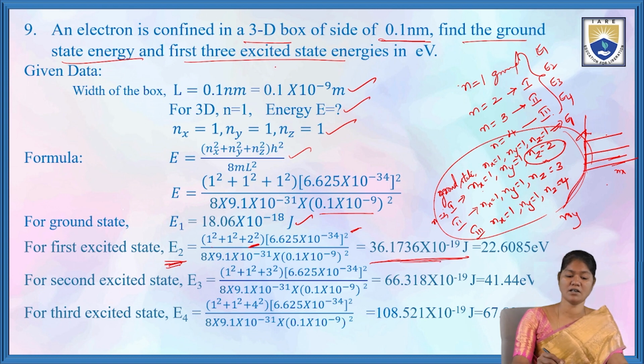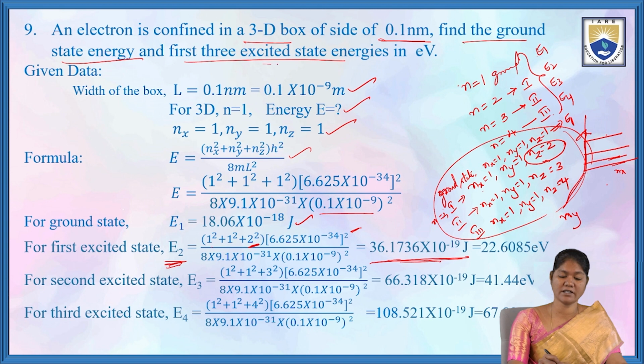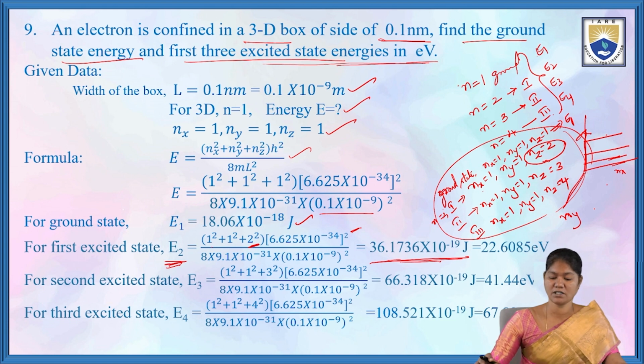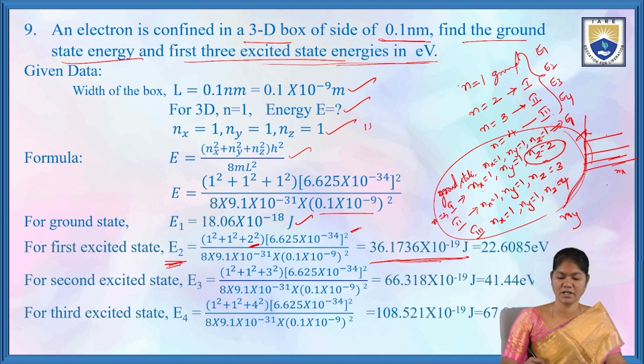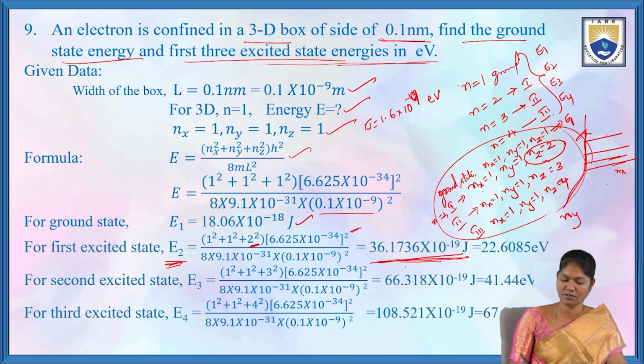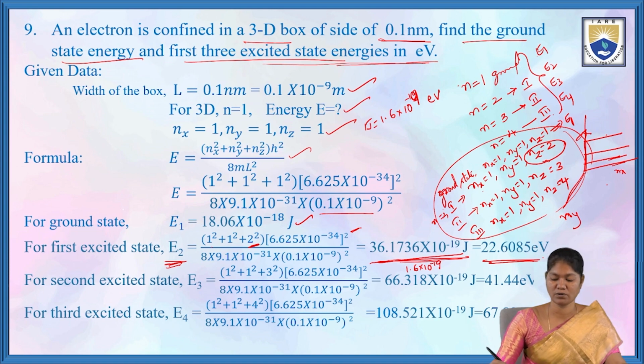But here the energy is asked in electron volts. So 1 electron volt is equal to 1.6 into 10 power minus 19 joule. Dividing by this, we get 22.6085 electron volts.